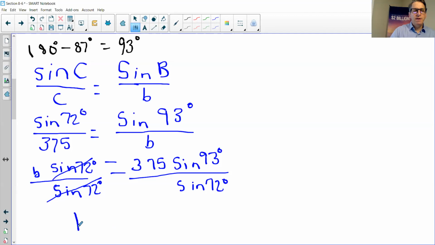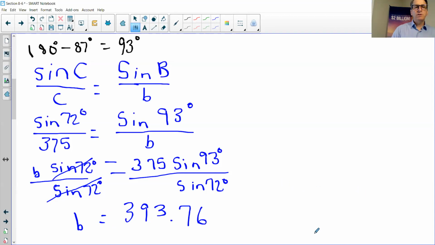So side b will equal 393.76. So we found side b. We have all the angles. Now we have side c already, it's given to us. Now we need to find side a.